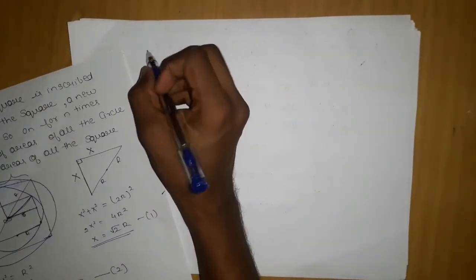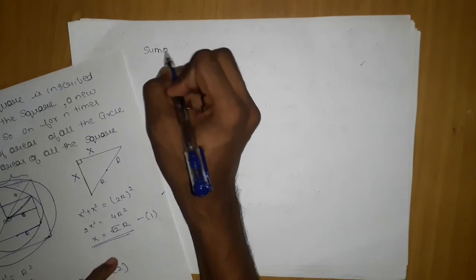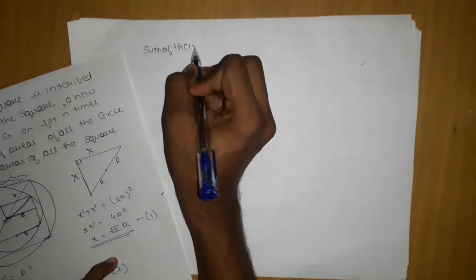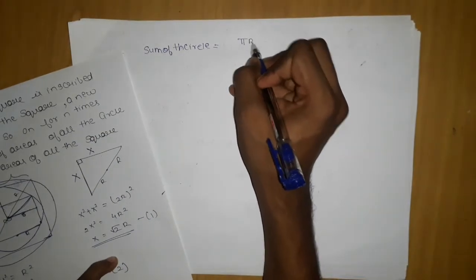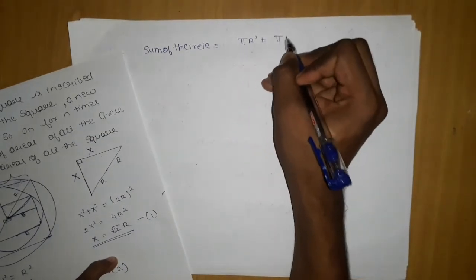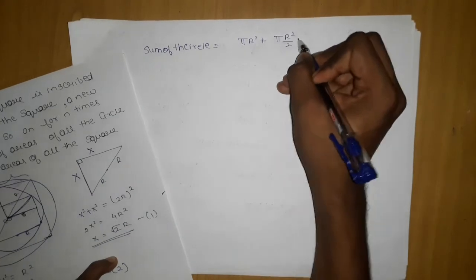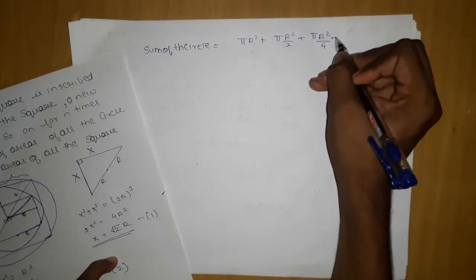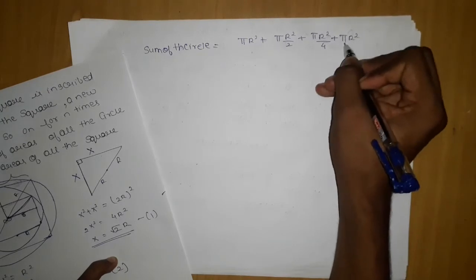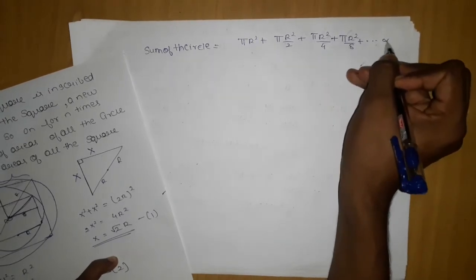So for the sum of the circles, the first circle has area pi r square, the next circle will be pi r square by 2, the third circle will be pi r square by 4, and pi r square by 8, and so on till infinity.